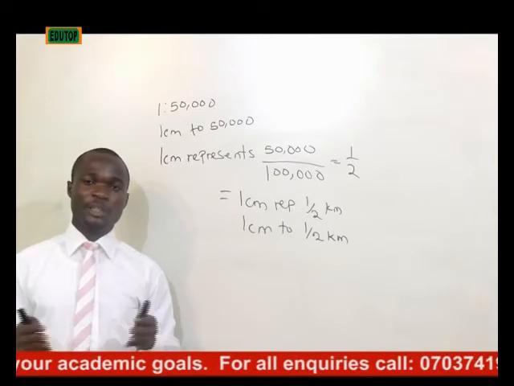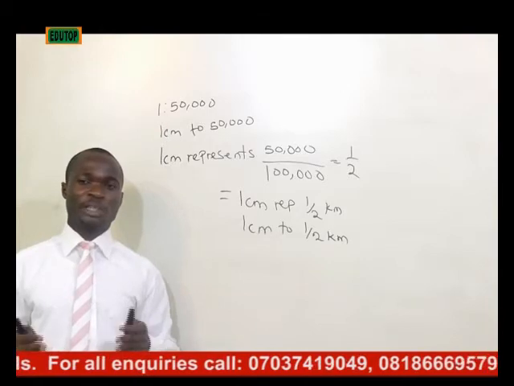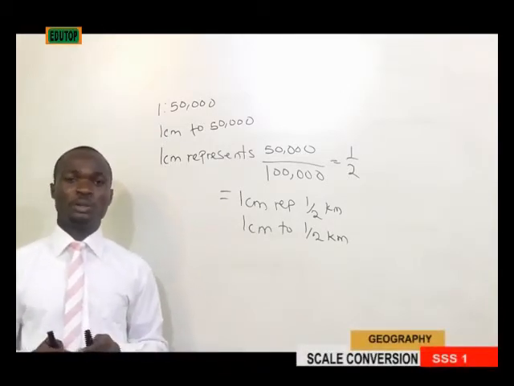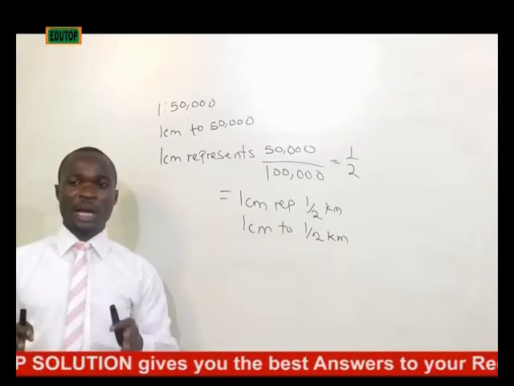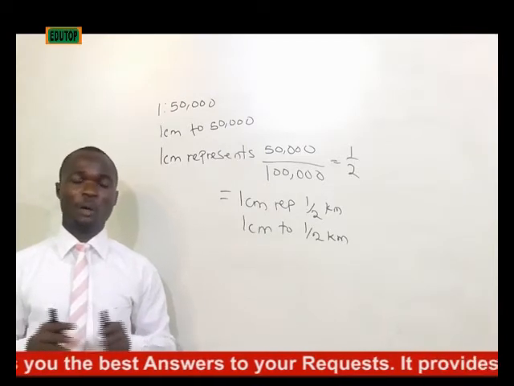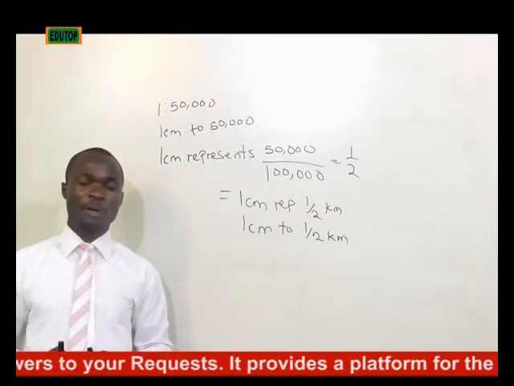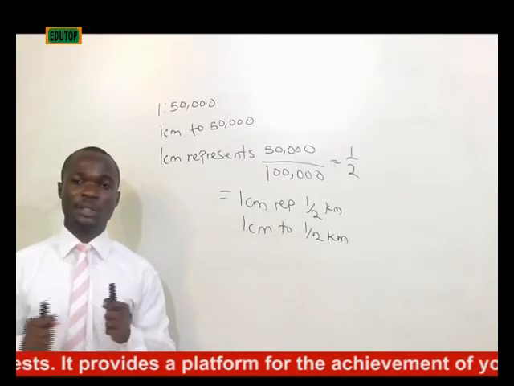Someone may easily get confused and say, a map with a scale of 1:1 million should be a large scale map. No, that is not how it is done. The larger the denominator, the smaller the scale of the map. This is because such a map covers a wide area but has little detail.